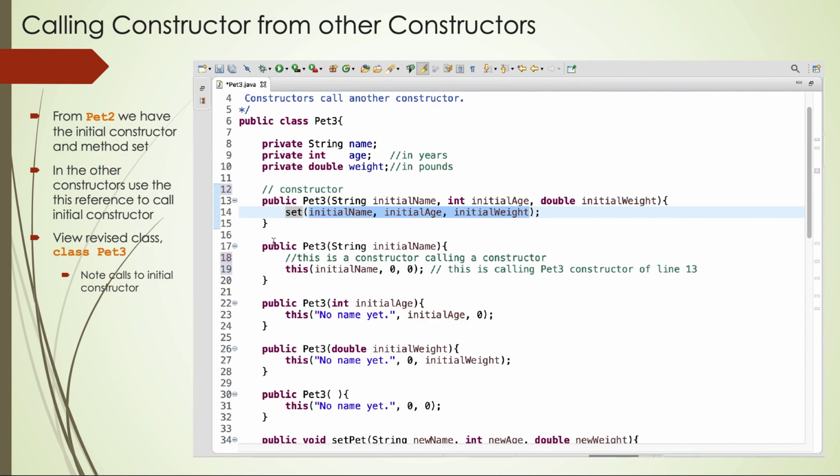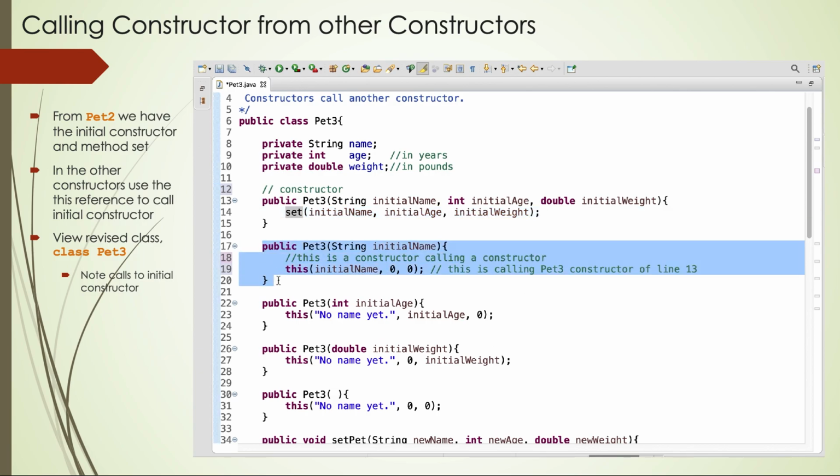In line 17, we have another constructor, Pet3, with one parameter, initialName, as a string. This is a constructor that we want to call the other constructor. So here, this(initialName, 0, 0) means Pet3, the first one, in line 13, with these three parameters.